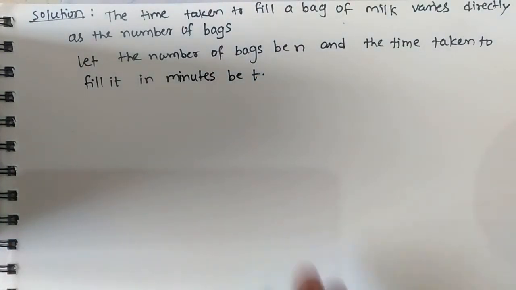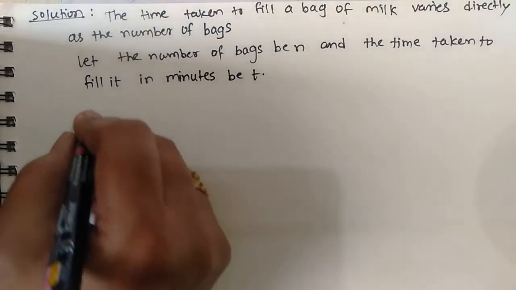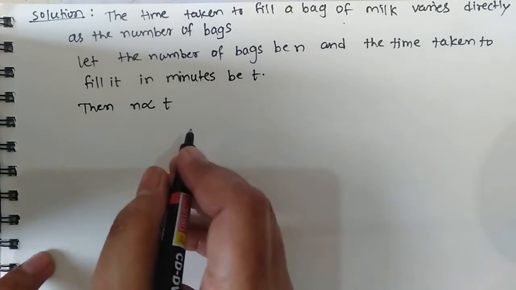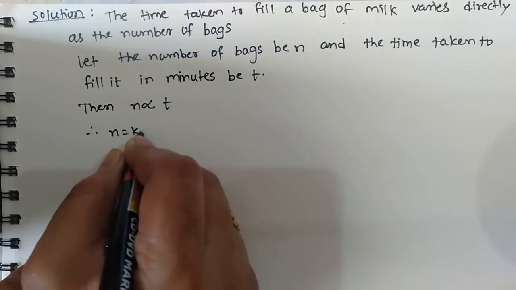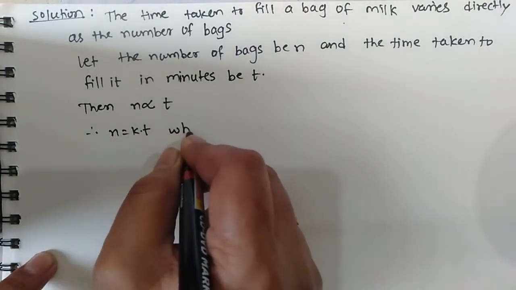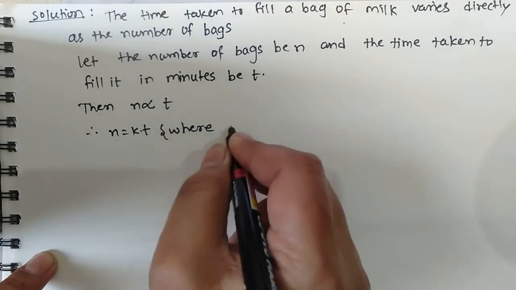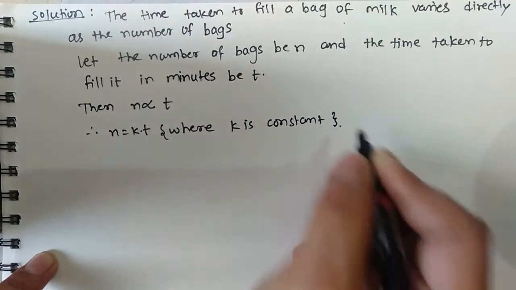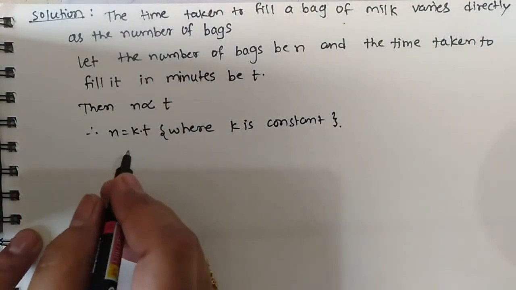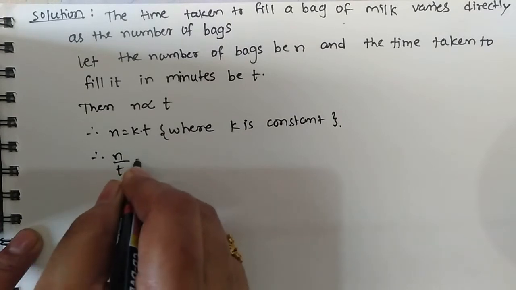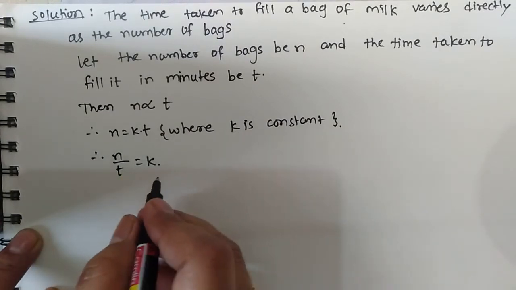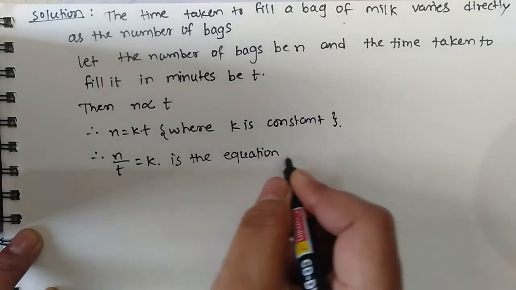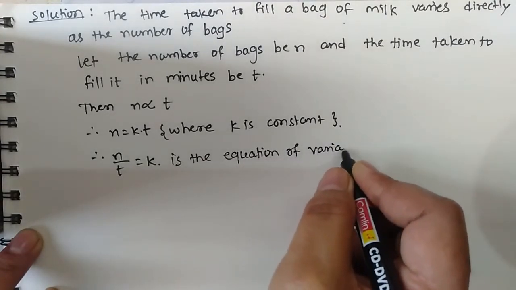So write it down symbolically. Then n varies directly as t. Therefore n is equal to k into t, where k is a constant. Therefore n upon t is equal to k, which is the equation of variation.